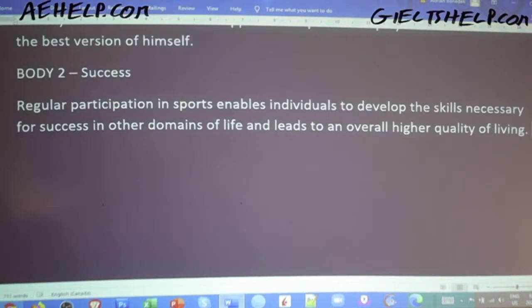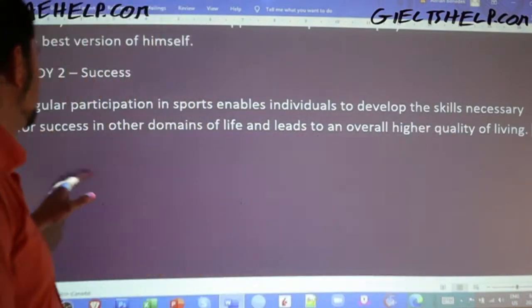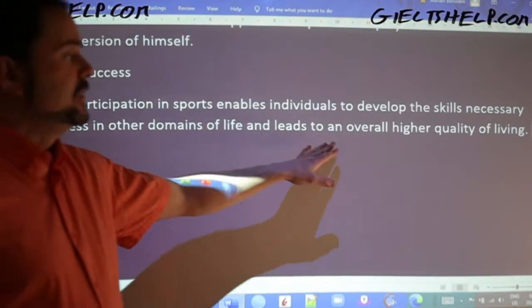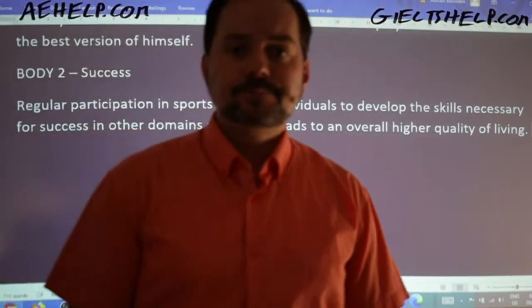So there is my topic sentence. Regular participation in sports enables individuals to develop the skills necessary for success in other domains of life and leads to an overall higher quality of living.